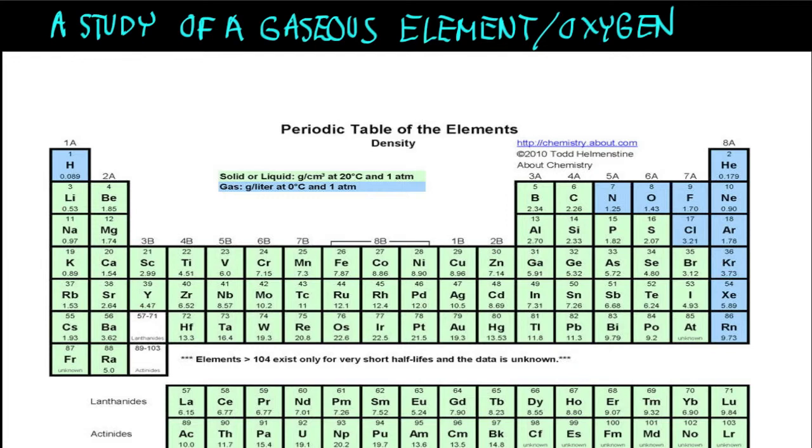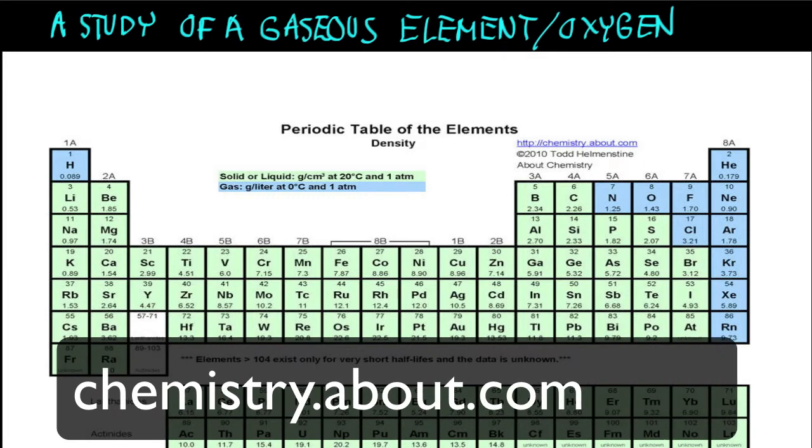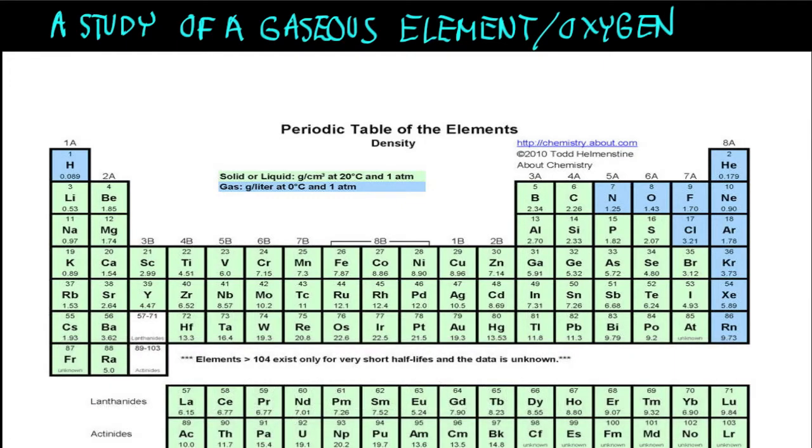So I strongly recommend, I have the website address right below here, you go to that right after this so you have it in your mind for future reference. And I'll be using some of their charts occasionally. Now, let's go to the density chart. This is from the About Chemistry site.